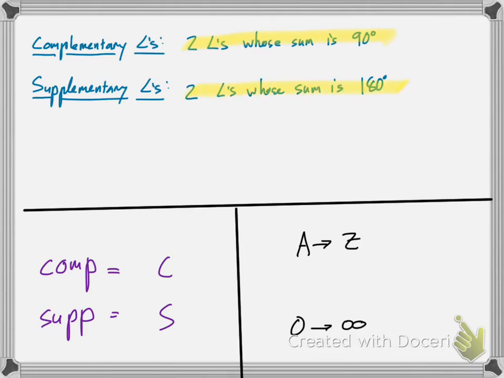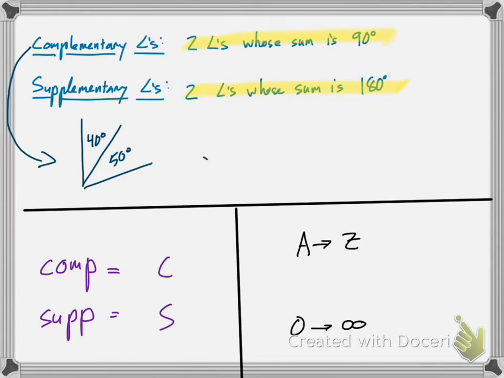So we're going to look at complementary and explore that for just a moment. Here we have a set of adjacent angles, and let's put in some measurements here. Let's say this angle is 40 degrees, this angle is 50 degrees.